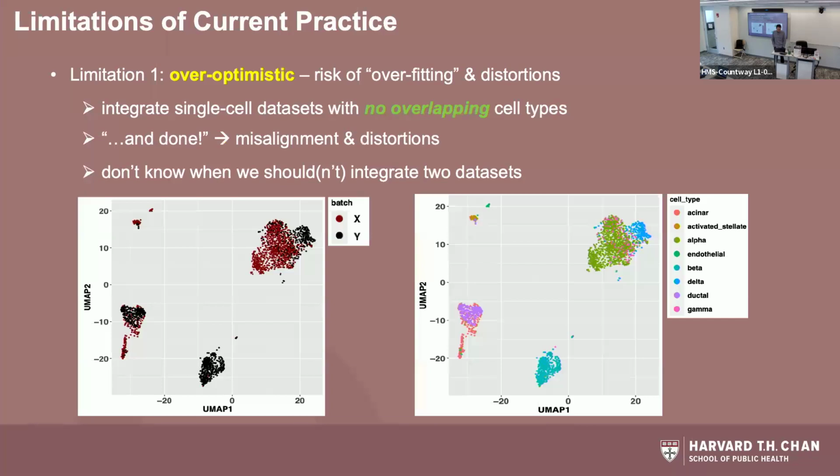But after you evaluate the cell types, you can see there's a significant misalignment or distortion, so that different cell types got collapsed together across data sets or even within data sets. This motivates us to think that for many existing methods, although they did pretty well in many benchmark studies, they don't provide information about when we should or shouldn't integrate two data sets together.